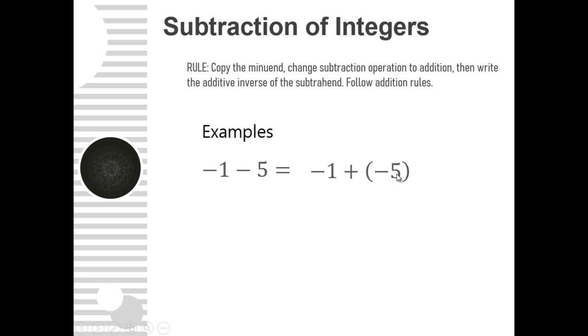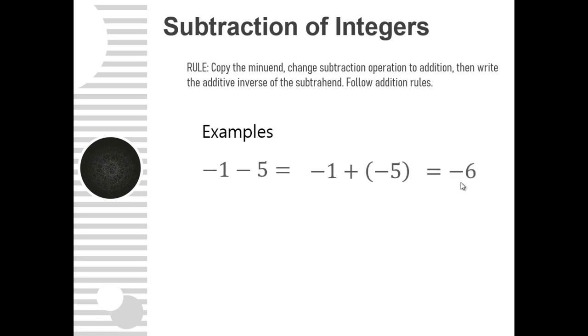When we say additive inverse, remember our properties last week, that for every number x, there is an additive inverse of negative x. If it is positive, it becomes negative. If it is negative, it becomes positive. That's additive inverse. Then, follow the rules of addition. Adding same signs, since both are negative, it becomes negative 6.